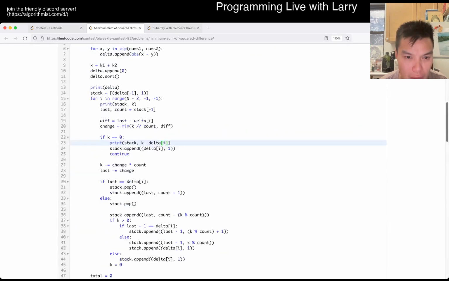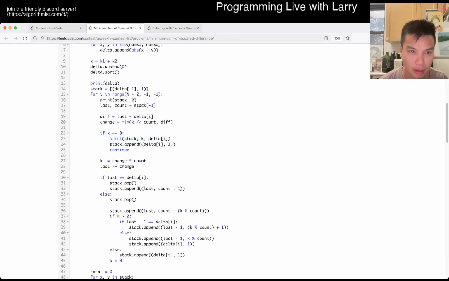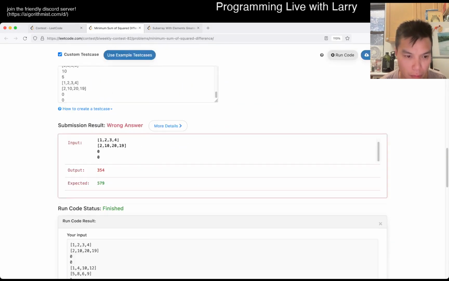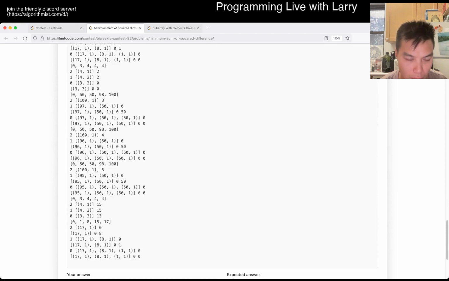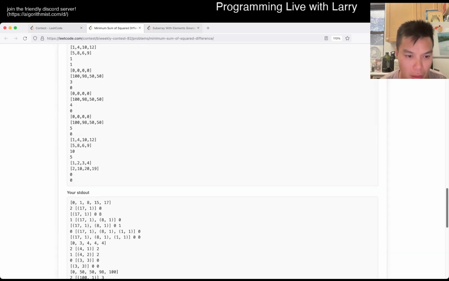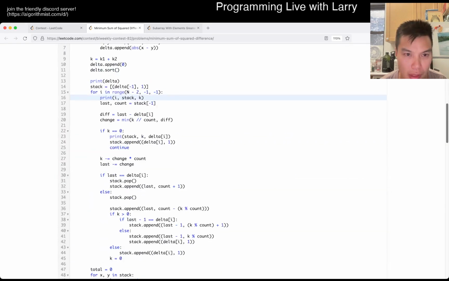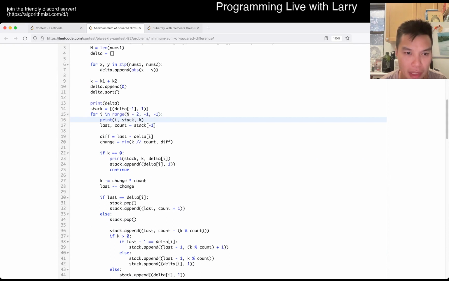Am I missing something? So it starts here with the, okay, I mean we have 17, but we don't do 15 for some reason. Wait, why do we start at, oh, because I added a number and then I sorted, so this should be, oh man.